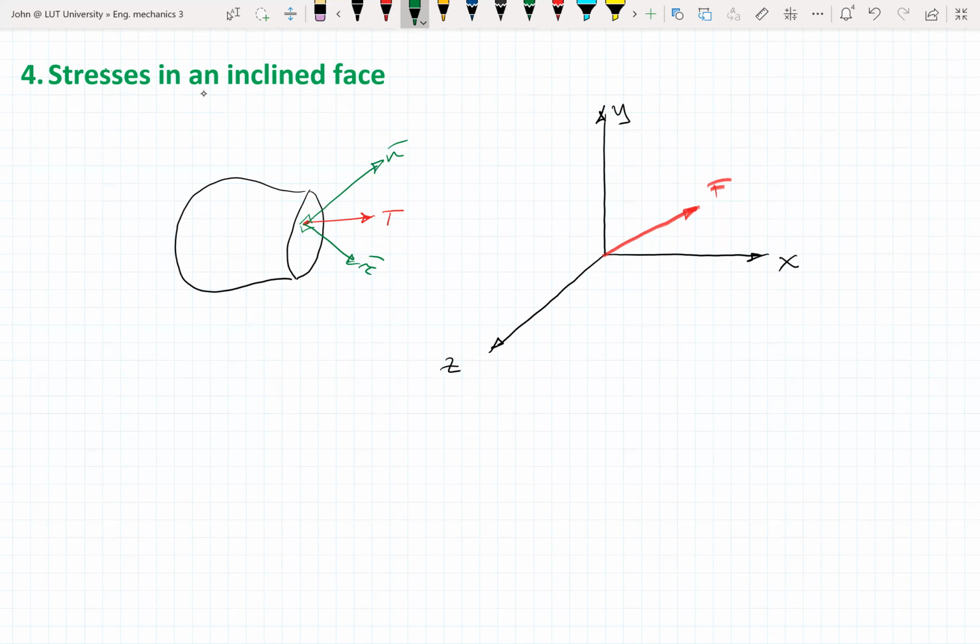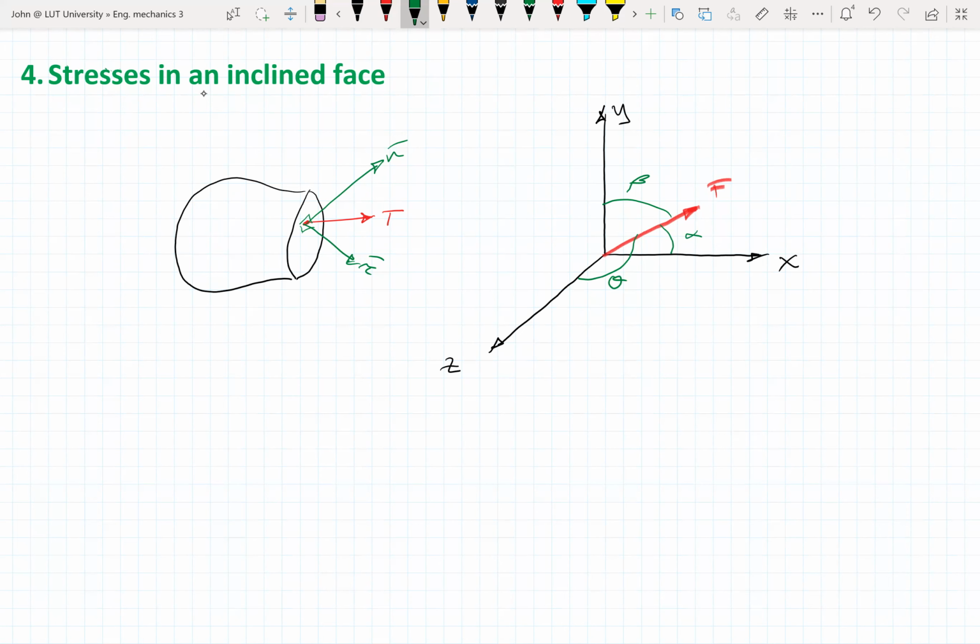The force forms an angle alpha with respect to the x-axis, an angle beta with respect to the y-axis, and an angle theta with respect to the z-axis.